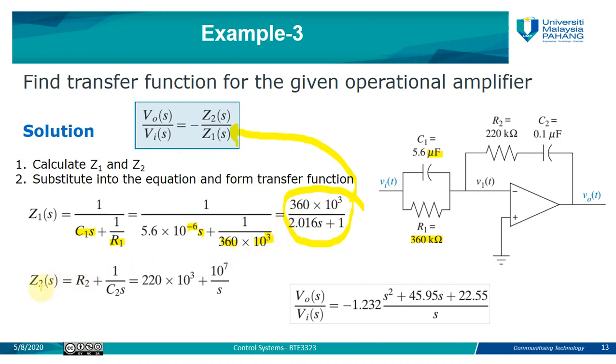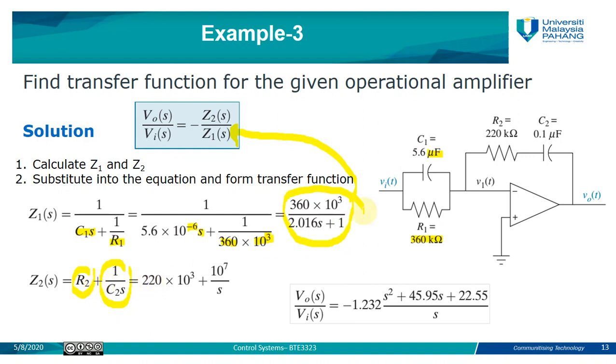After that, you calculate the value of Z2, which is R2 plus XC2, or plus 1 over C2S. This is the impedance of the capacitor, and this is the resistor, and both of them are connected in series, so you just add them.